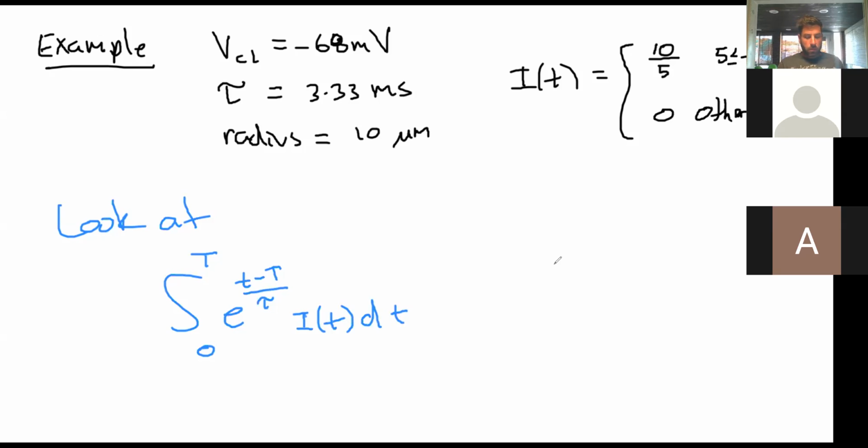So let's say this is going to be 0 if capital T is less than 5, right? Because if capital T is less than 5, then there's no current yet.